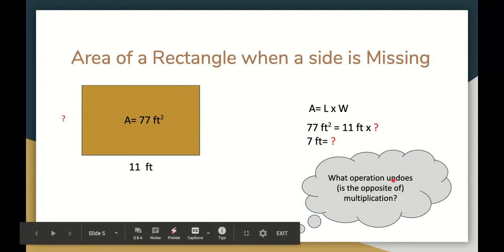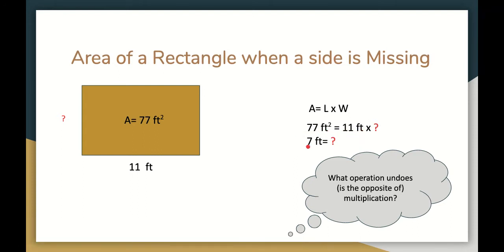What operation undoes multiplication or is the opposite of multiplication? Division. So I'm going to say, okay, 77 divided by 11 is 7. So let me try 7 on this side. 7 times 11, that's going to get me 77. So that is true. So my width on this side, the question mark, equals 7 feet.